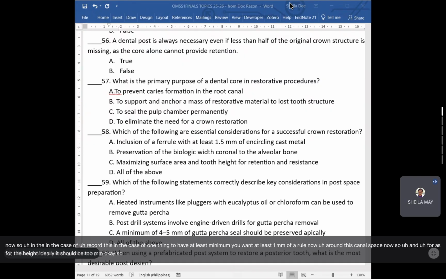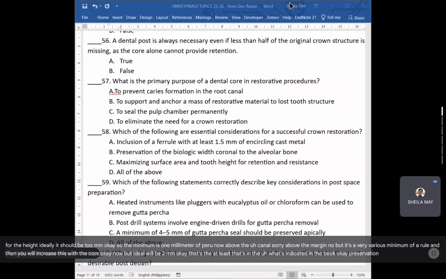So the minimum is 1 millimeter of ferrule above the canal. Sorry, above the margin. But it's the very barest minimum of ferrule, and then you will increase this with the core. But the ideal will be 2 millimeters. Well, at least that's what's indicated in the book.